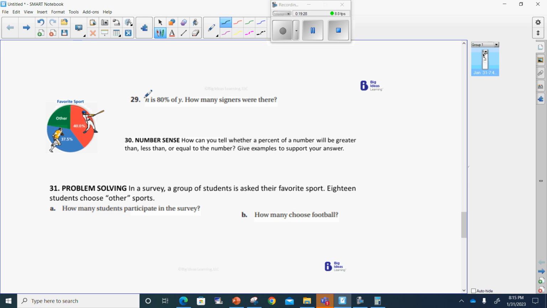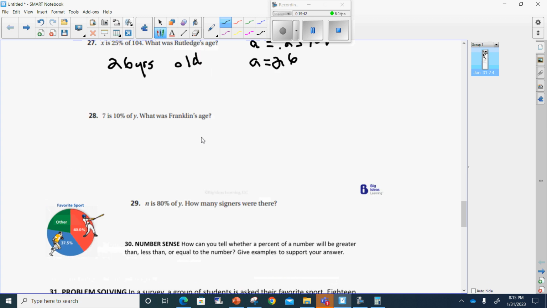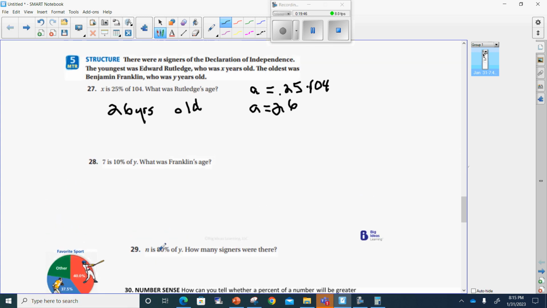Okay. We're going to have to look at this a little more carefully because I feel like it's leaving out some information, unless we're talking about N is 80%. Oh, okay, they're talking about the same thing over here, right? Let's see, N. There were N signers of the Declaration of Independence.